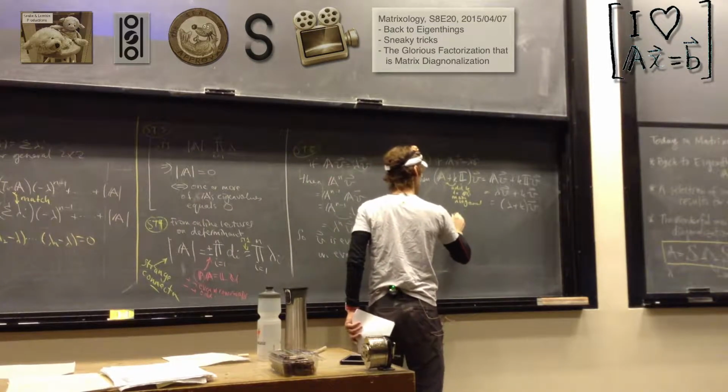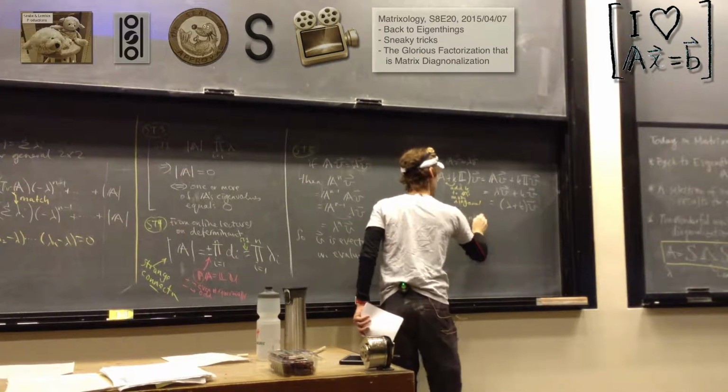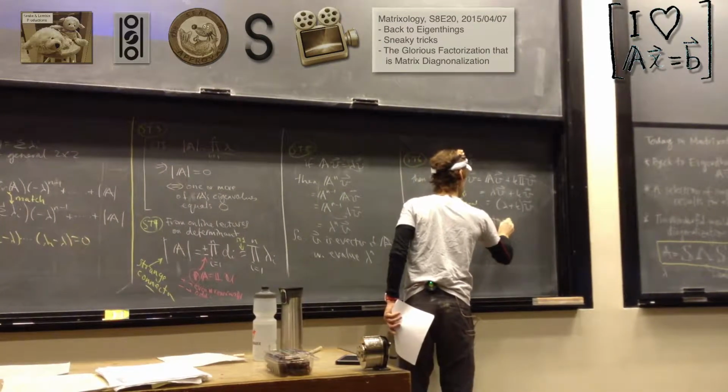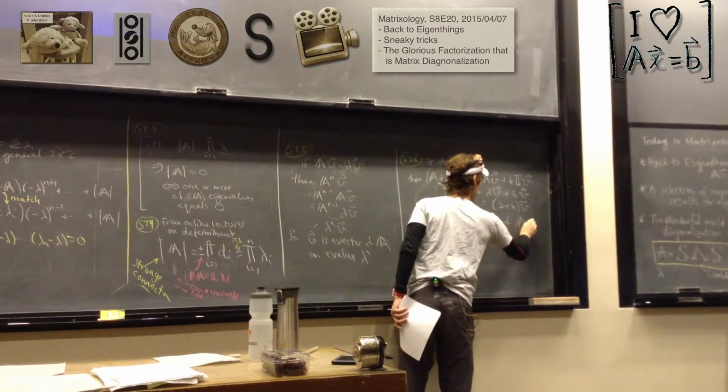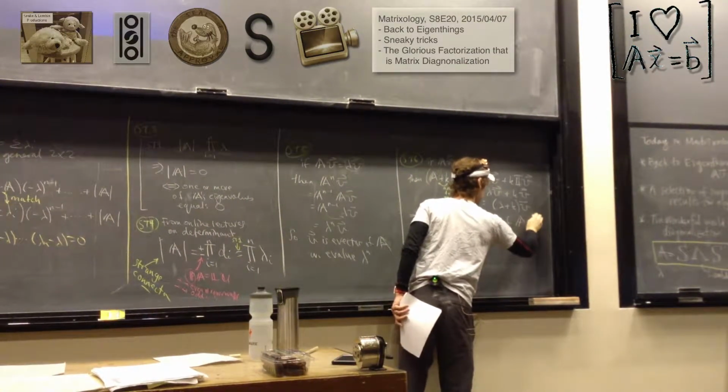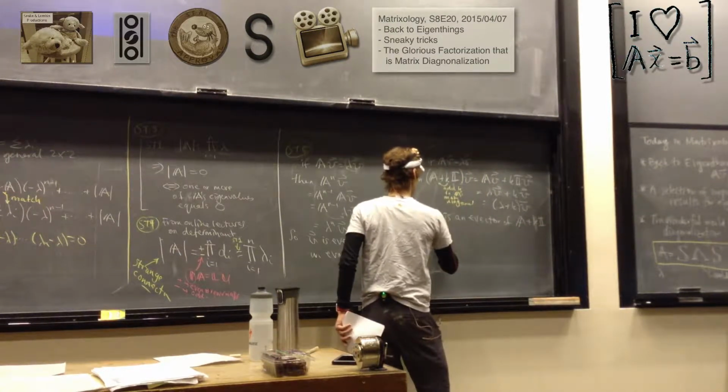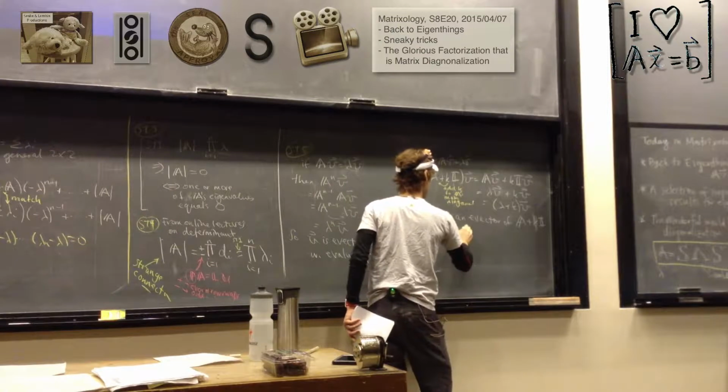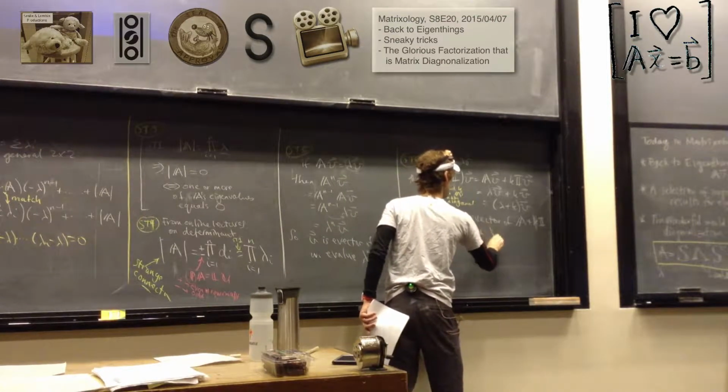V is an eigenvector of this new matrix A plus KI with eigenvalue lambda plus K.